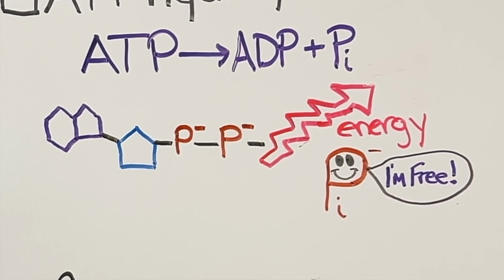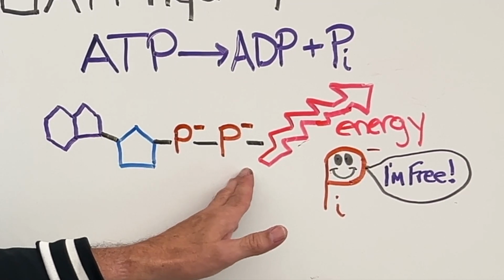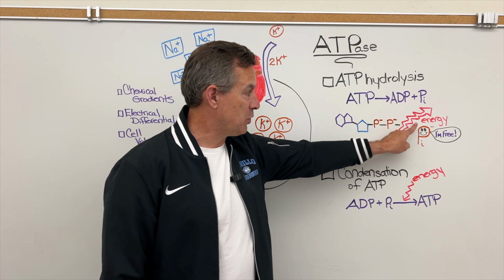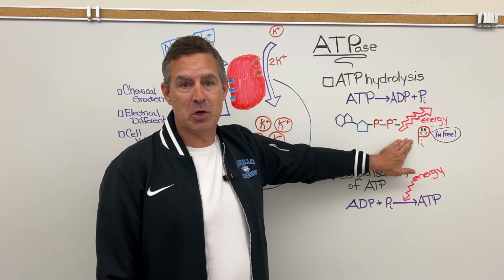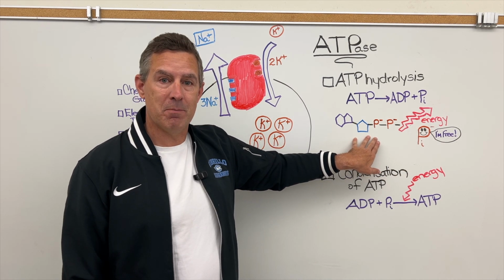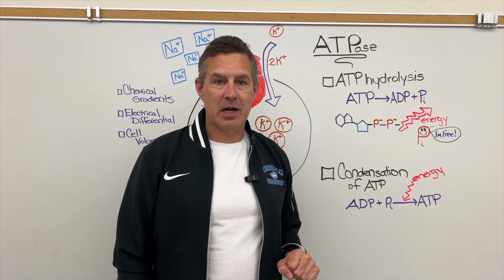The molecule is somewhat like a loaded spring. That is to say, it has all this pent-up energy. And if a bond is broken between the phosphates, a bunch of energy is released, and that's what we see right here, and it's liberating that one phosphate. So this, with the broken bond, is the ADP, and this is that inorganic phosphate.